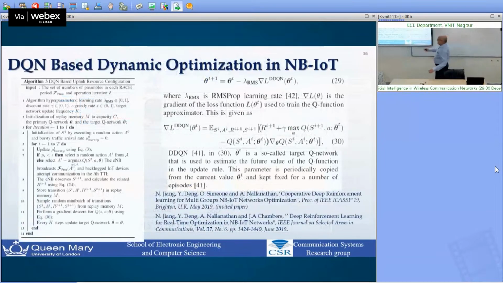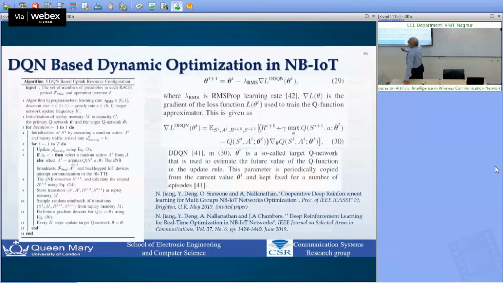So here the same iteration starts, so set the values here. Initialize the memory. Then for the primary network, theta is the neural network weight matrix. Every branch has a weight, so we have a weight matrix. The target matrix is theta bar, the other Q network.